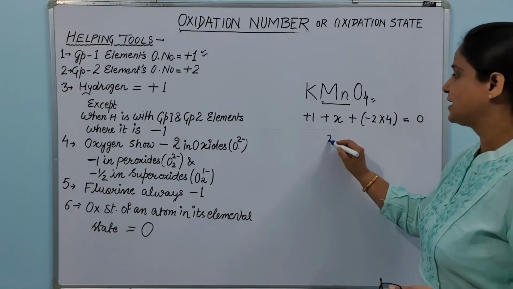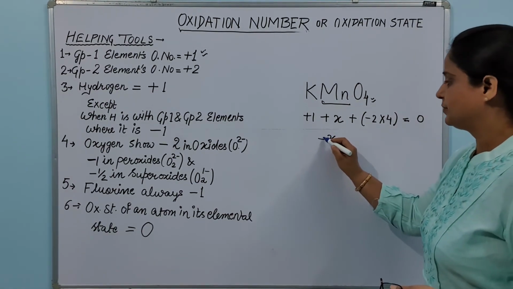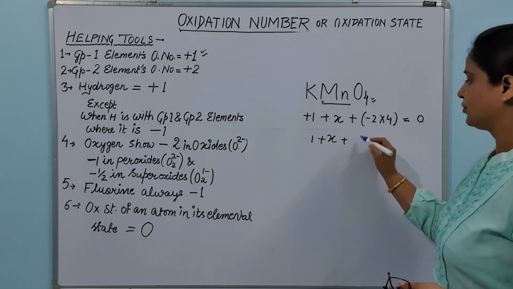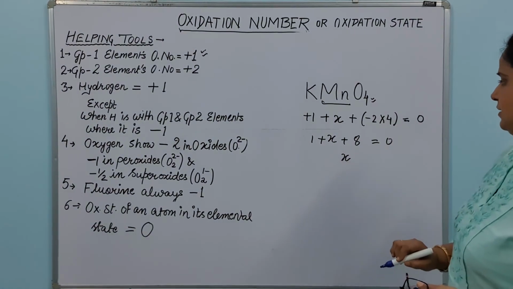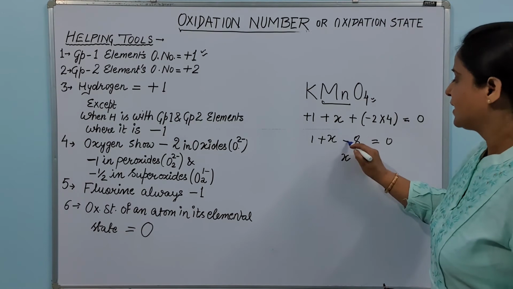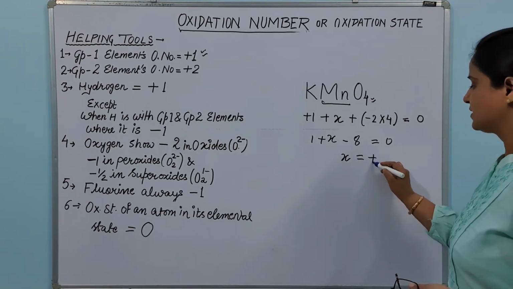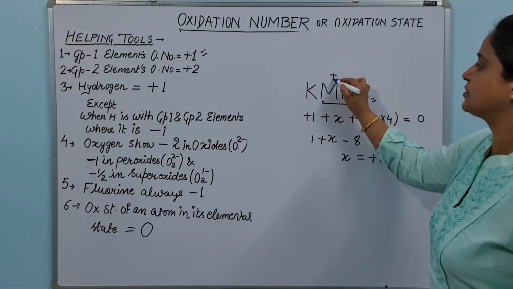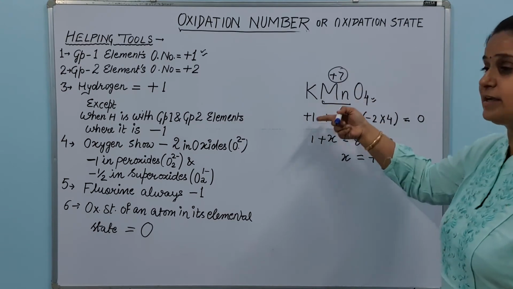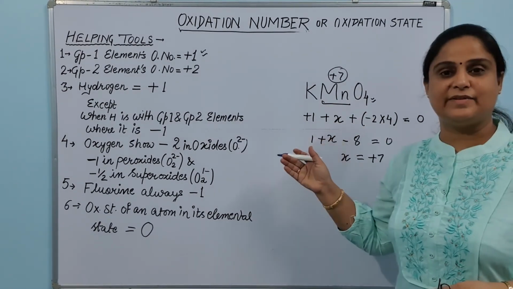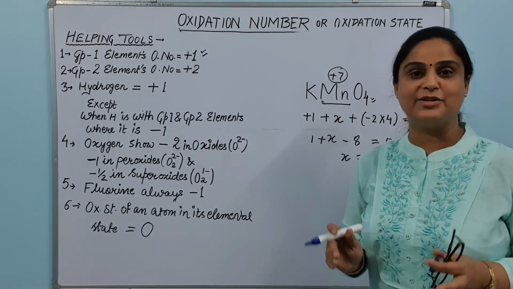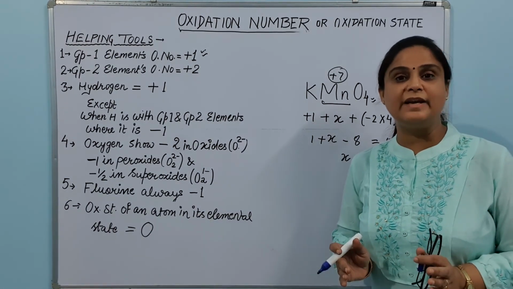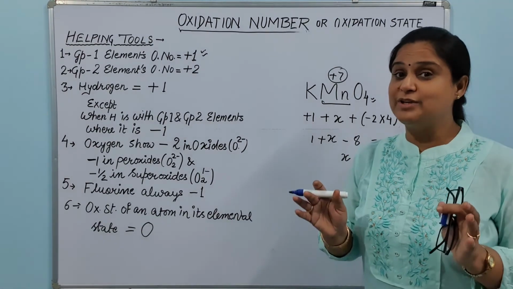So it becomes X plus 1 minus 8 equals 0, so it is +7. The oxidation state of manganese in KMnO4 is +7. Is it clear to you? I hope now you can calculate the oxidation state of an element in a compound without any flaw.